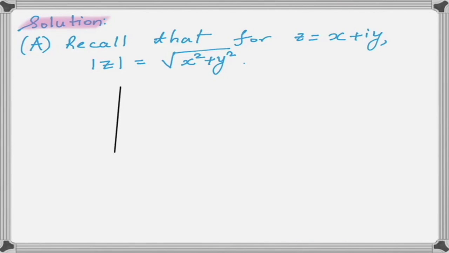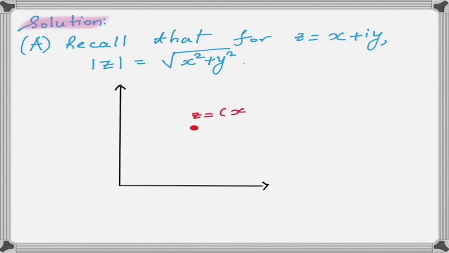It is a diagram in which every complex number can be identified with a point in the Cartesian plane. That means if z is a complex number x plus iy, then we can identify it with the point (x, y) in the Cartesian plane.